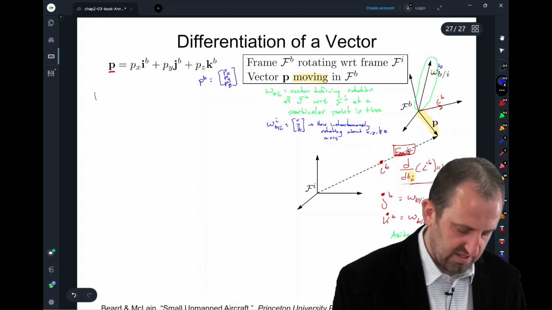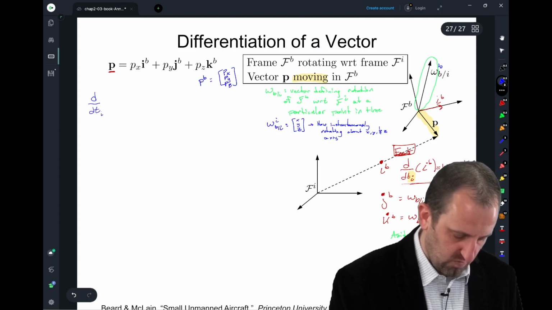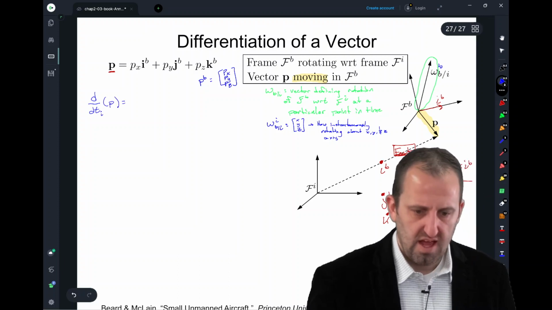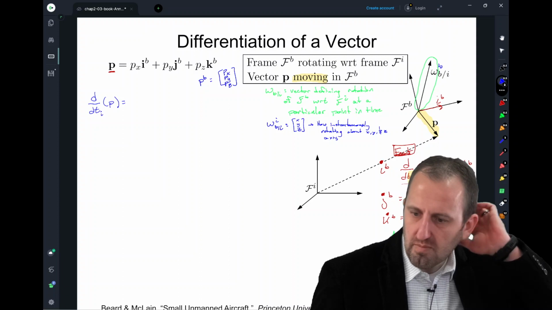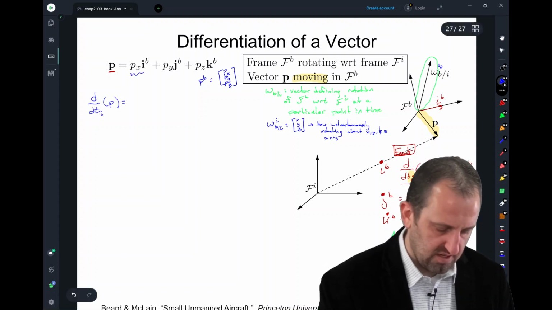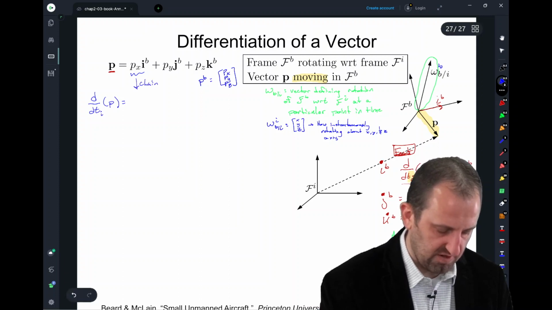Let's find what the time derivative with respect to the inertial frame of point P is. Now we can just quickly break this out. Each one of these components is two components multiplied together, so we're going to use the chain rule to get the time derivative.